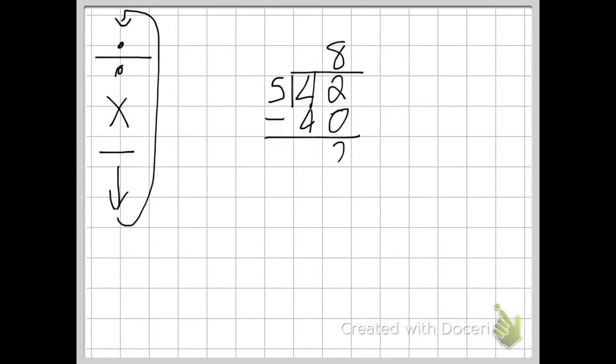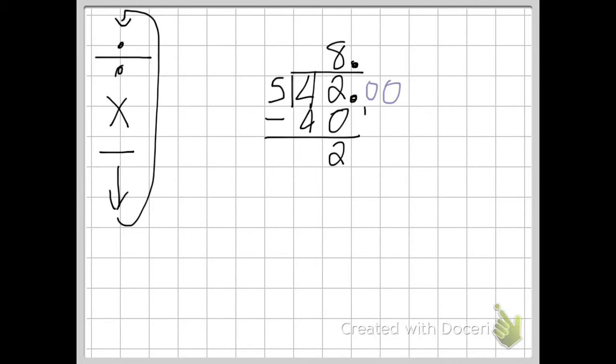I subtract and I get 2. Now, here typically is where we would make that a fraction remainder, but we're asked to do decimal numbers. So what do I do? I add my decimal point and I put it straight up in my quotient. I add a couple of placeholding zeros just in case. And then I continue on with my process.